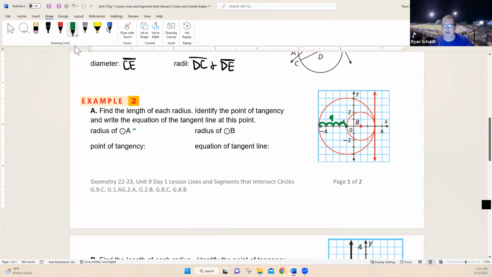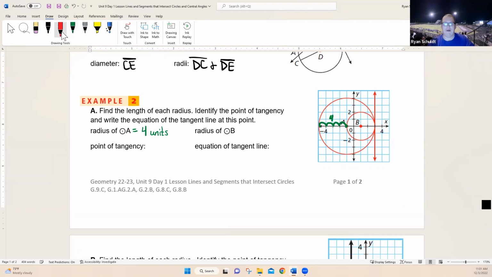So the radius of circle A is equal to 4. And then we're just going to use units. We don't know if it's inches, centimeters, feet, football fields, whatever. So we're just going to say units.